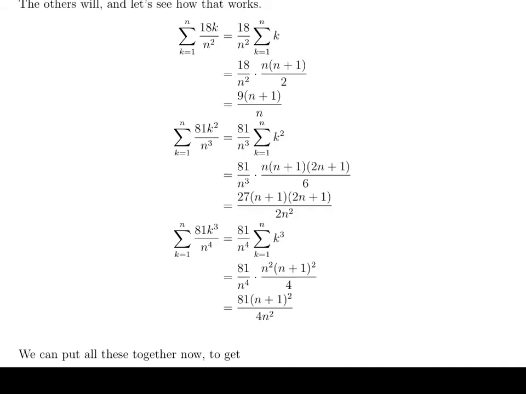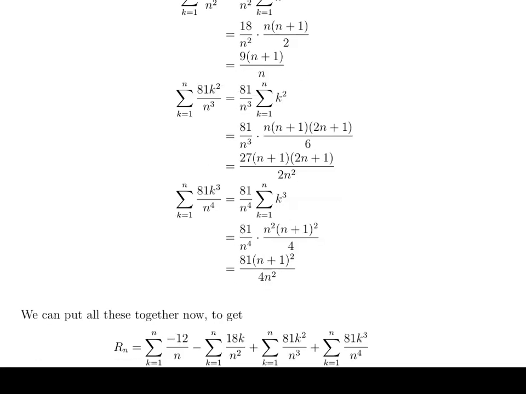Okay, let's go back now and put all of this together into one expression. So we calculated this for r sub n, all these sums put together, and now we're going to replace each one of them with the corresponding simplified version that we had calculated above. So for instance, we've got this piece here, which we're going to replace with this.